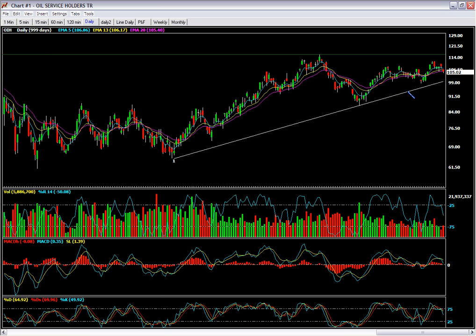Still, we have already crossed the 5-day and 13-day, and we did close under the 20-day moving average. We'll just have to see if we have enough follow through. This is the OIH, which is the oil services like Exxon, Mobil, and such.